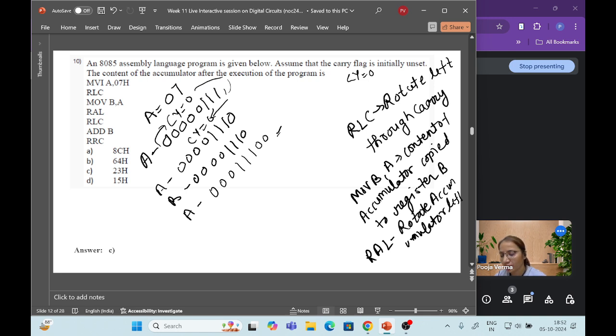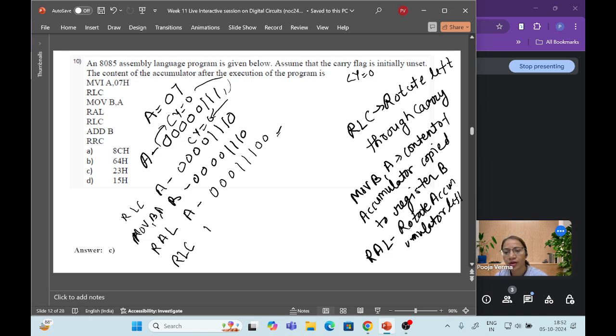Okay, right? Now the next instruction again RLC, rotate accumulator left to carry. So now again rotate it. Here I can write it otherwise: RLC, it is a rotate expression; this one is a move B to A; it is an RLC.